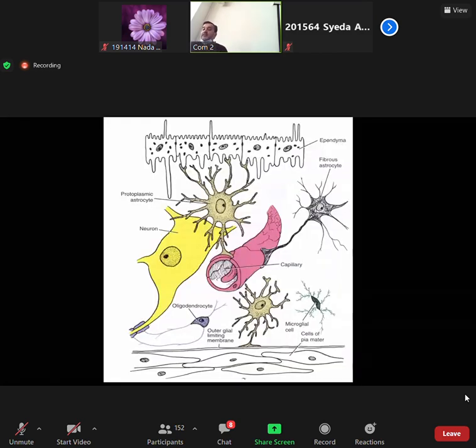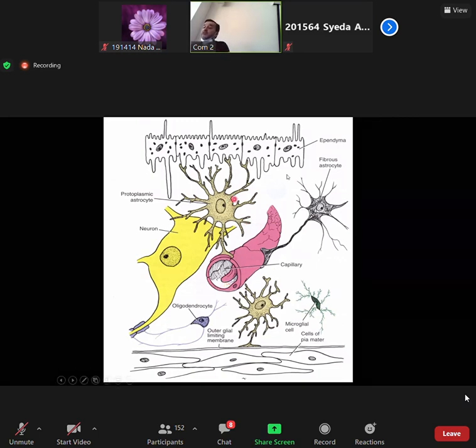If you look at these, you would find there are protoplasmic astrocytes, and these are the fibrous astrocytes. You see the foot processes of these astrocytes are covering the capillaries in the central nervous system, forming a blood-brain barrier.